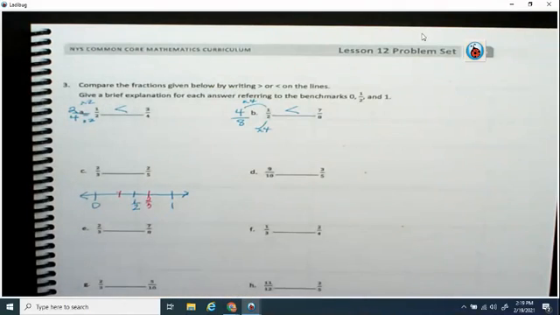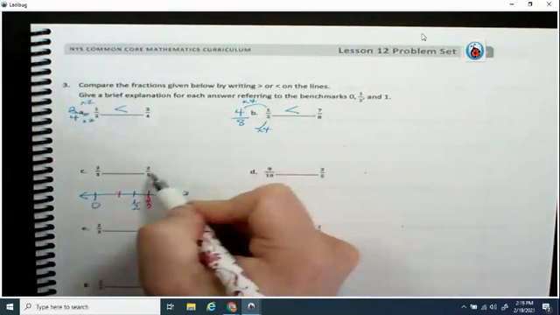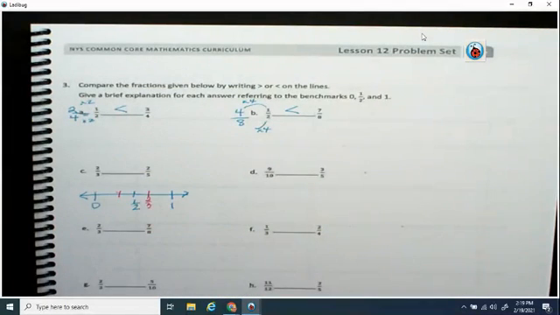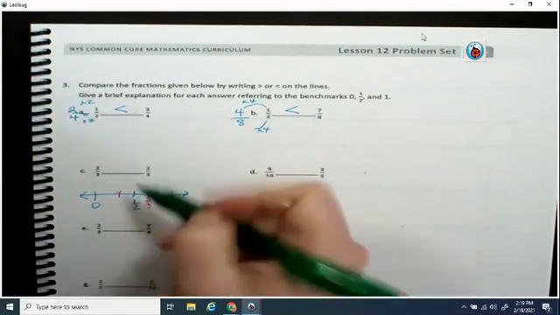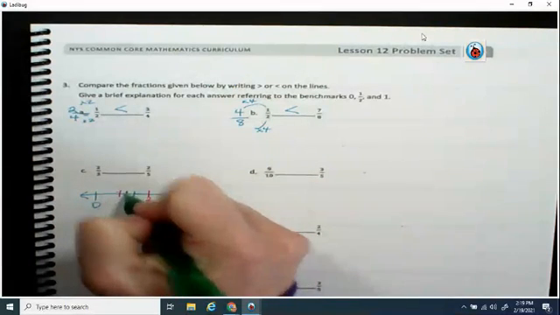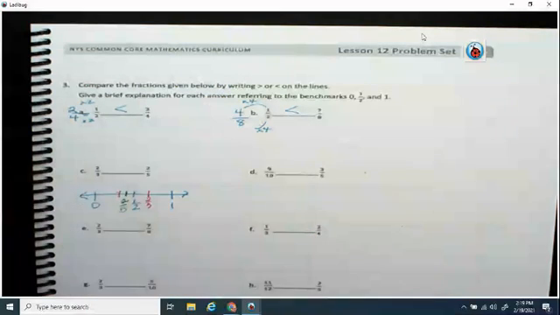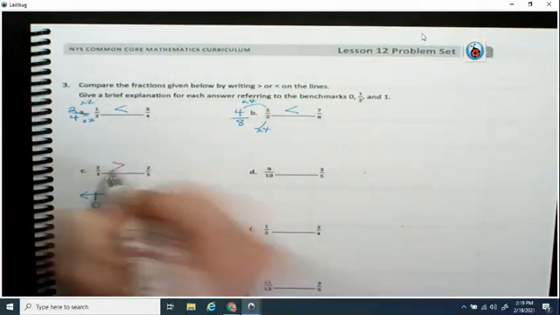So it's going to be bigger than 1/2. And 2/5, if I'm thinking about my fifths, is going to be a little less than 1/2. So 2/3 is going to be the bigger fraction.